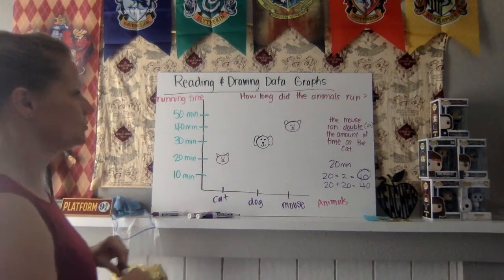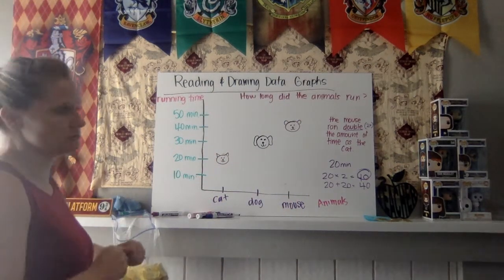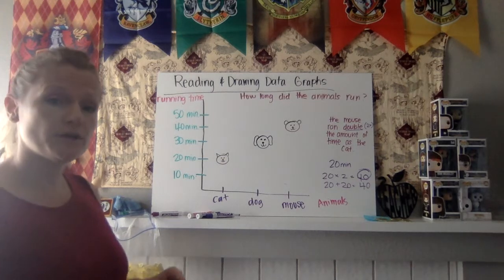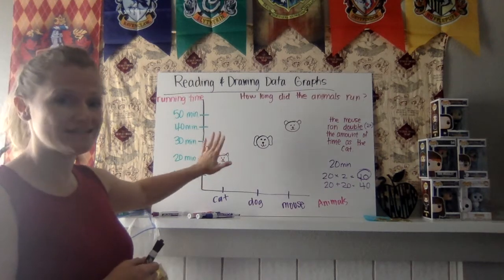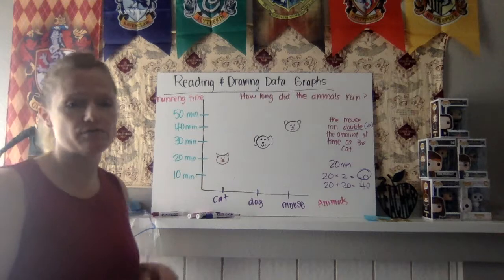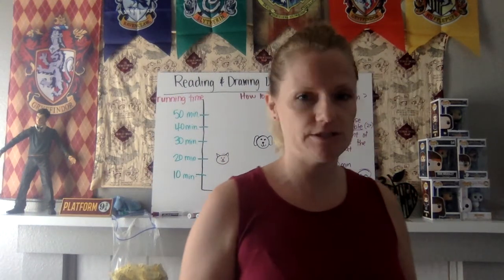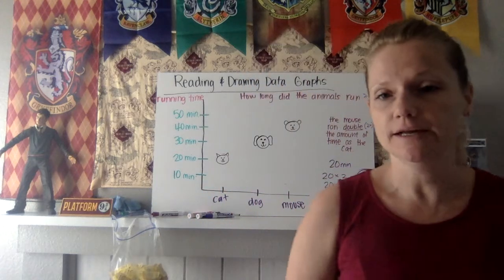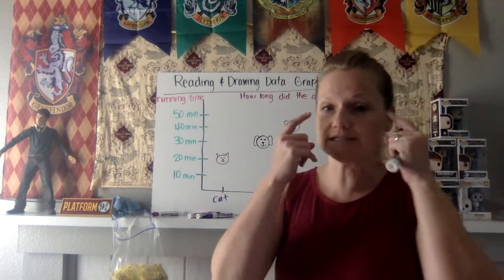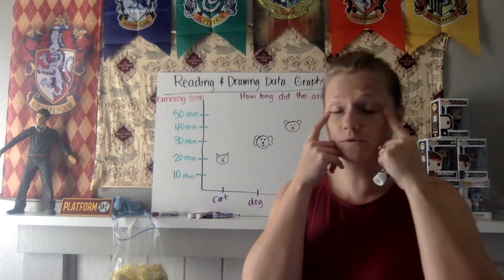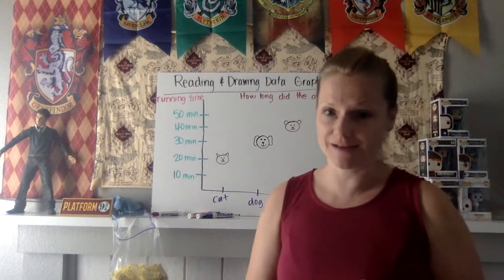Okay, so you can take information and put it into a graph, or you can take a graph that's already done and read it to figure out the answers to certain questions. And the only other thing that you really need to know, what's the purpose of a graph? The purpose of a graph is just to see something visually with your eyes. So you are seeing data with your eyes, okay?